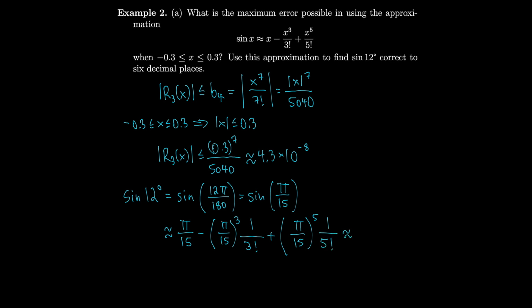So that's approximately 0.2079169. So we could say that the sine of 12 degrees is about 0.207912. Correct, just 6 decimal places.